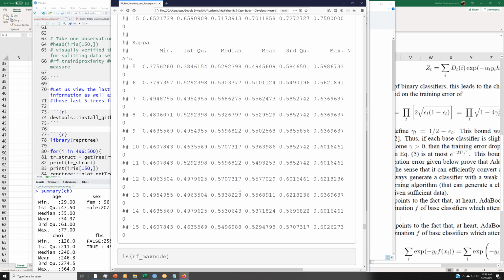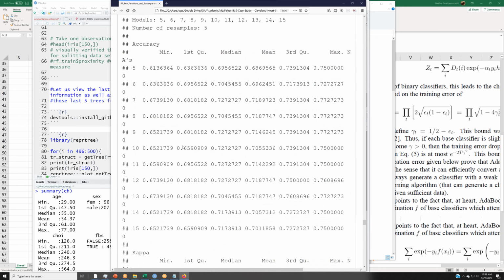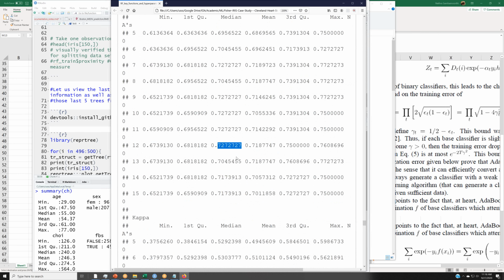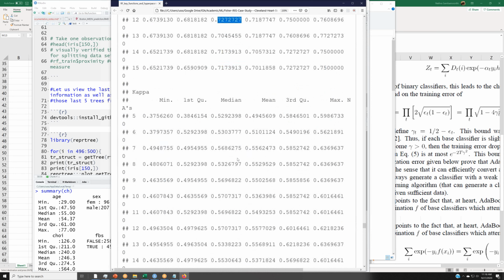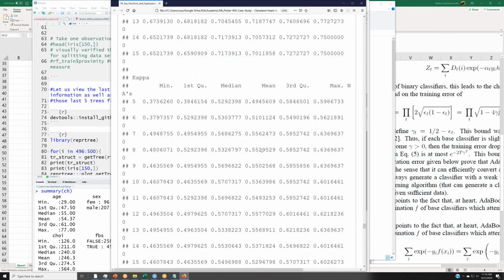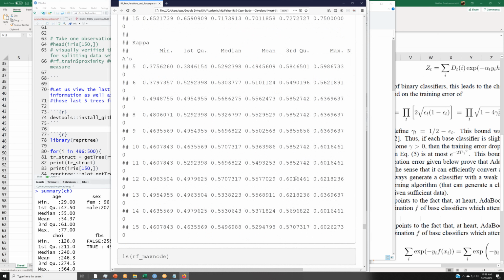Node size 10 or 12 is the best. And we saw accuracy-wise also that 10 or 12 is okay. Both are good. So if I combine these two, then I have only two possibilities, 10 or 12. But I used median. You could have used mean also, but median is safer. Or third quartile, also safer. If I use third quartile, actually 12 is the one that comes out.